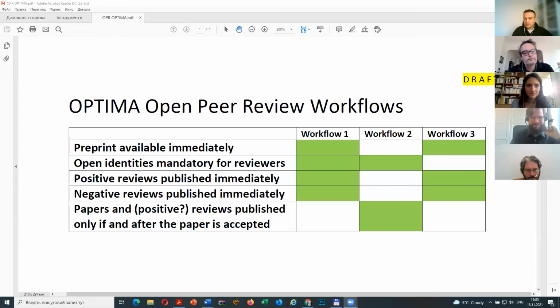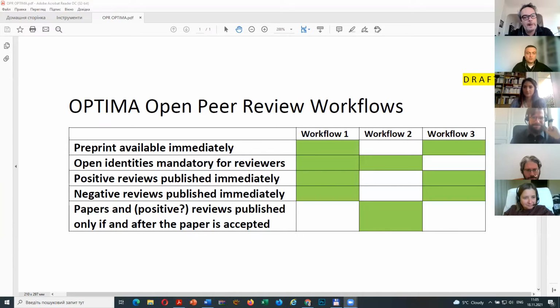And I ask Stefan to correct me if I'm wrong or if I misunderstood something. So can you see my screen now? Yes. So okay, this is a draft, and we came up with the idea of 3 workflows, right?